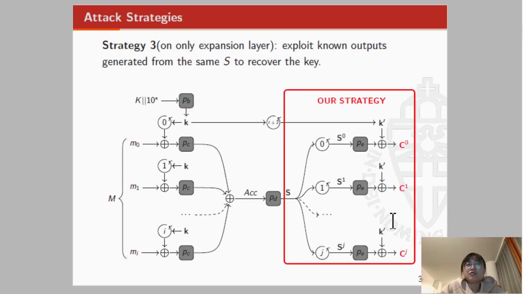The last strategy is that we only focus on the expansion layer. Note that in this layer, all inputs si come from the same state s, and we know all output blocks, so we can use them to recover the key. In our work, we use this strategy.